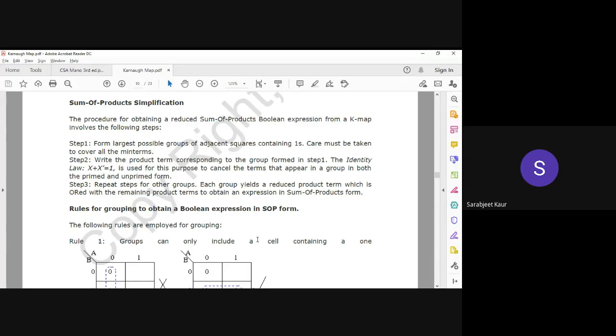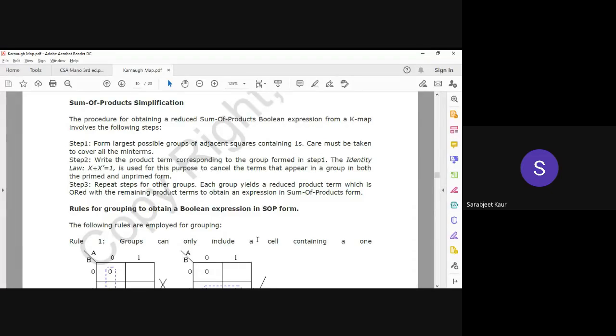Now what does it mean by the largest possible groups? We are only allowed to make groups in powers of 2.